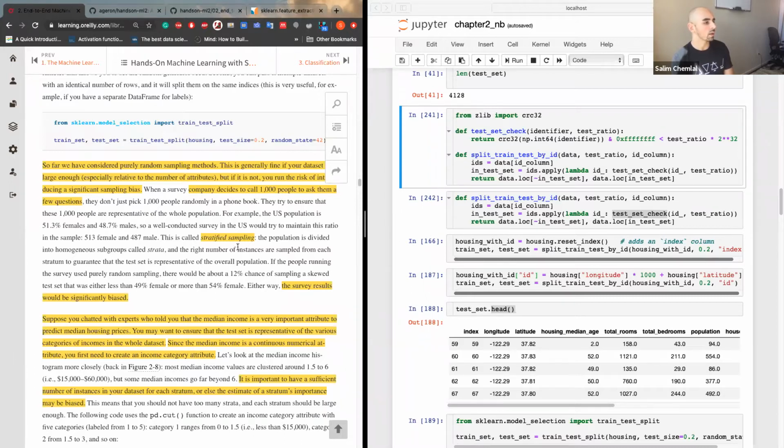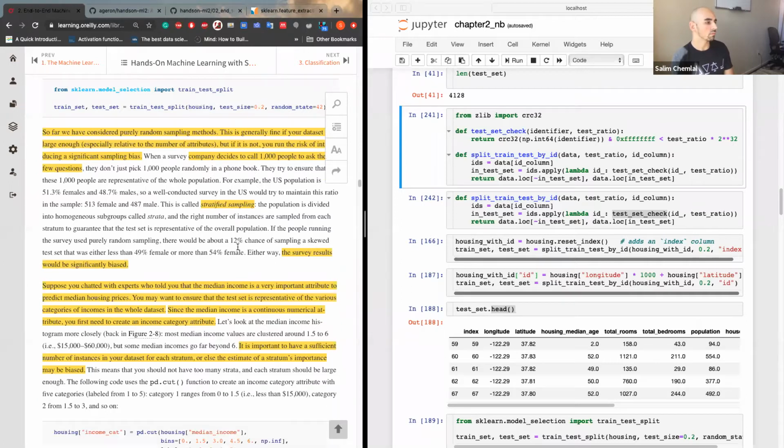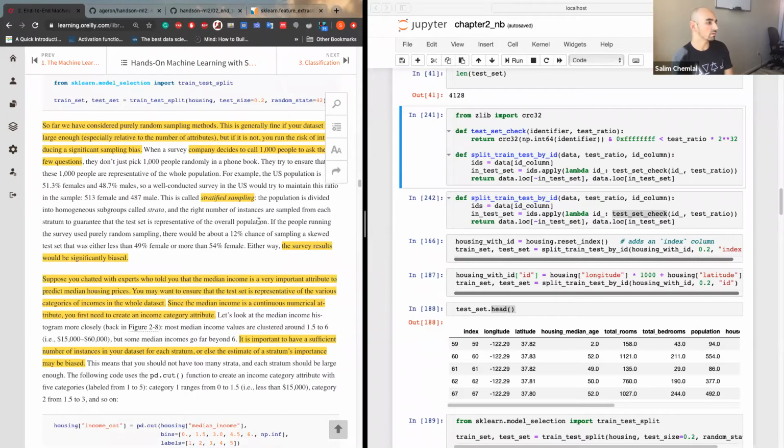And he gives a very good example. So what is stratified sampling? You group your data set into different groups, called strata, so a stratum is just a group.